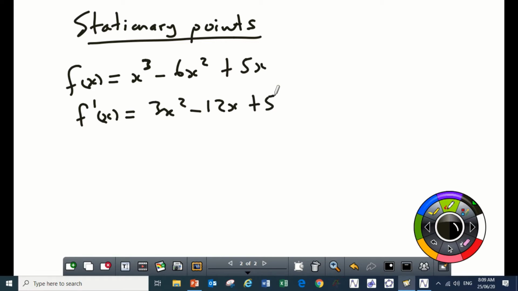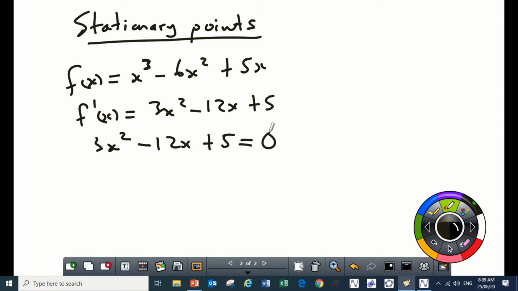So you now have a quadratic equation. Remember, for the first derivative, to find the x coordinate you must equate it to 0. So 3x² − 12x + 5 = 0.